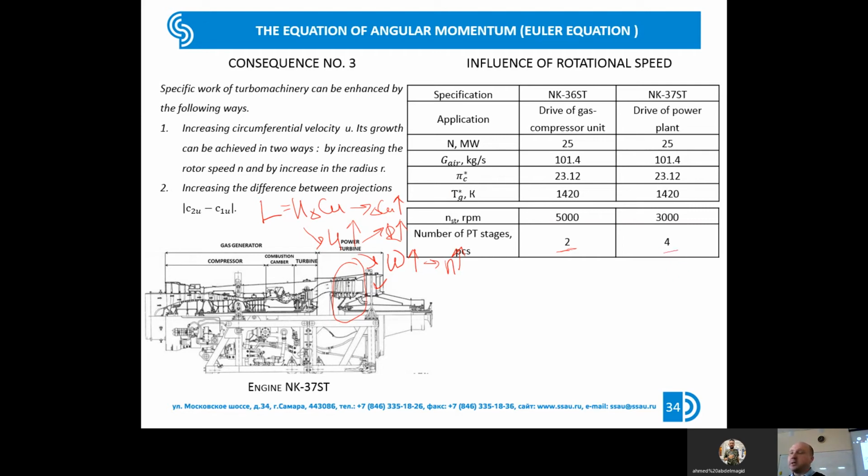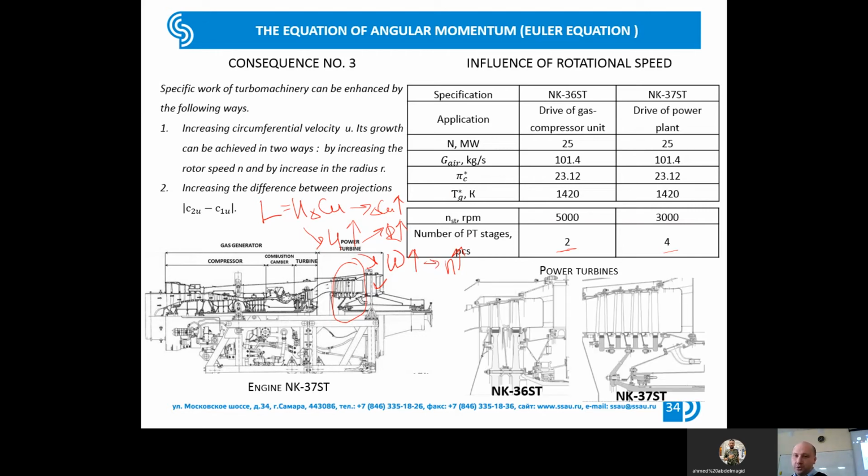In my case, it's a very wondering example because these are really the same engines with the same parameters and a difference only in one number. You have a difference only in the rotational speed of the output shaft, and it makes great differences in the construction. So you see here 2 stages, here 4 stages.